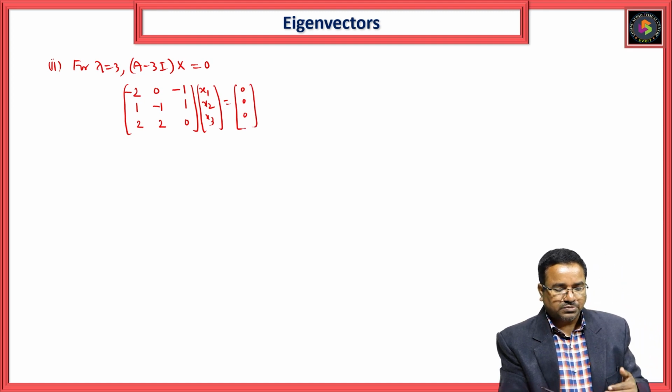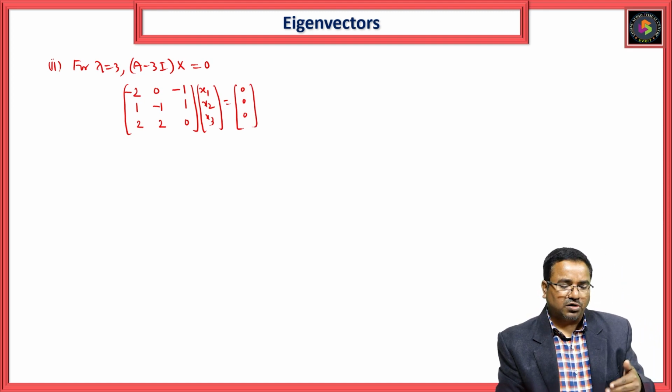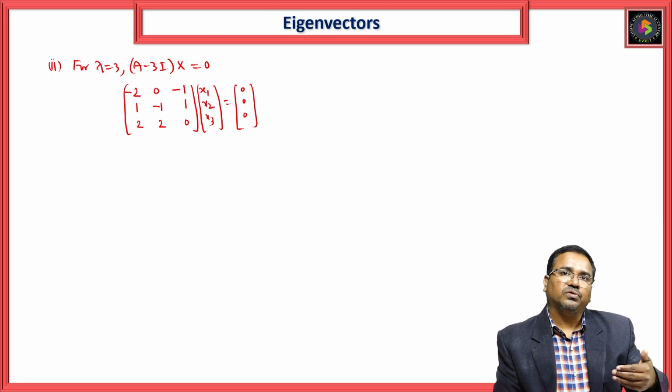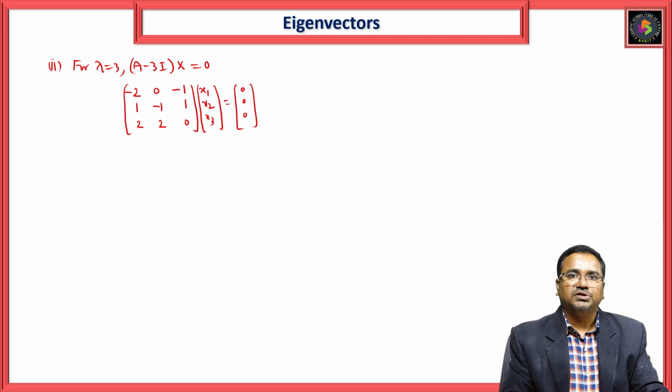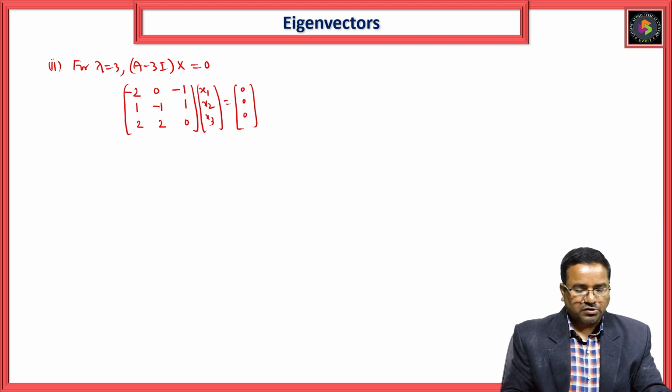I will move a little quickly. Now you can reduce this A to echelon form. After reducing to echelon form, see the rank of A. Depending on the rank, you will know whether the system has a trivial solution or a non-trivial solution.